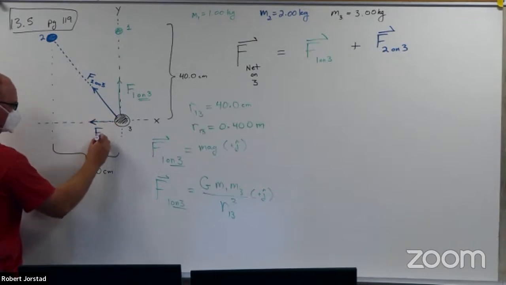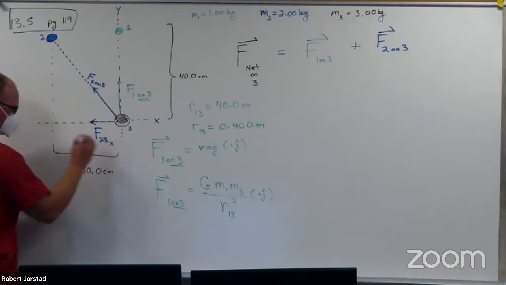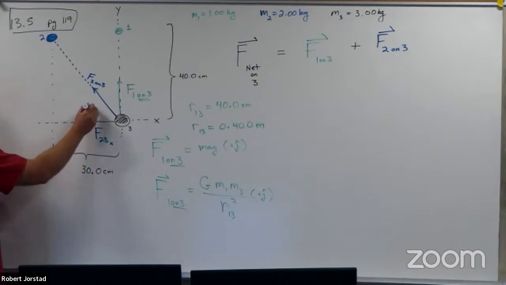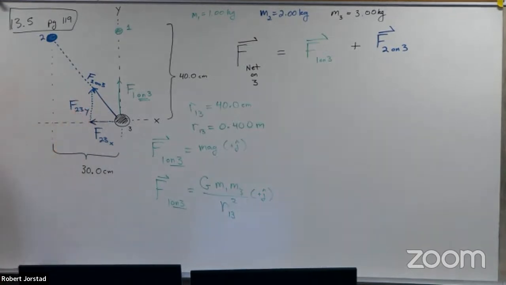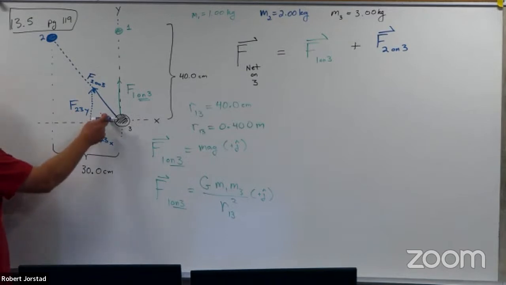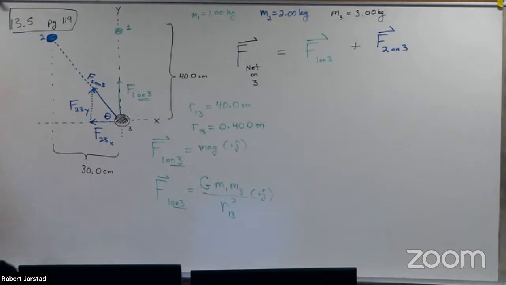This would be force 2, 3 in the X. Force 2, 3 in the Y. If we could just get this angle here, which maybe for no good reason I'll call theta, we could call it alpha, beta, whatever. Crap, I need that angle theta.